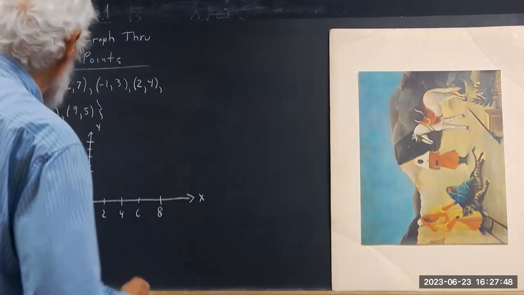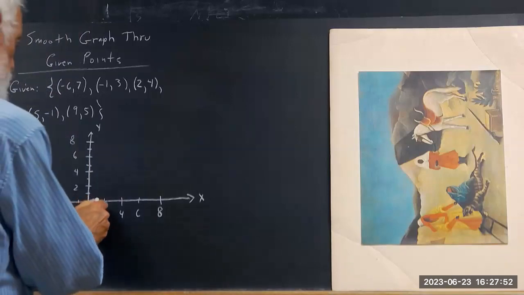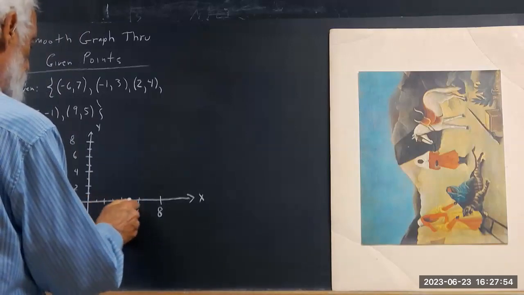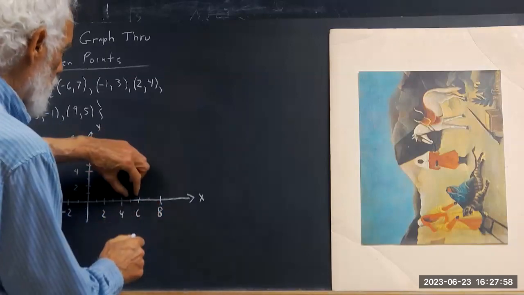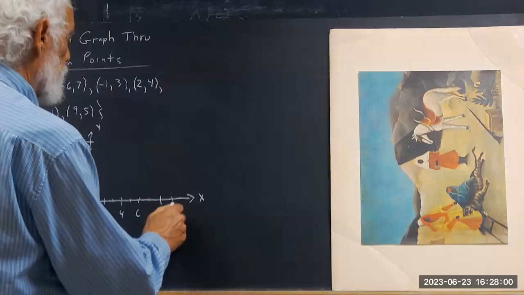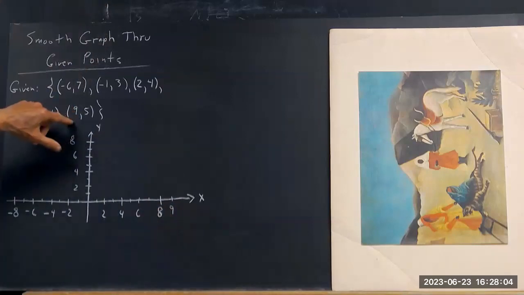So we can get a reasonably good approximate graph. And I think I'll mark my units here, and then I can see how big 1 is. It's about this big. So 9 would go about here because we're going to need 9.